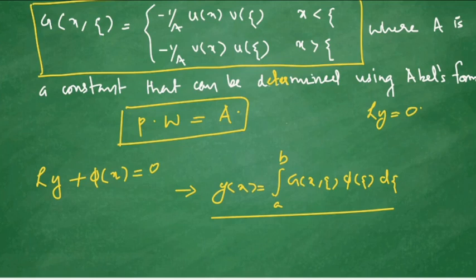Once we get the Green's function, the corresponding integral equation will be y of x equal to integral a to b g of x, theta, phi theta d theta. If the function phi is given as a direct function of x, then this gives the solution of the given differential equation. Otherwise, this will represent the corresponding integral equation.